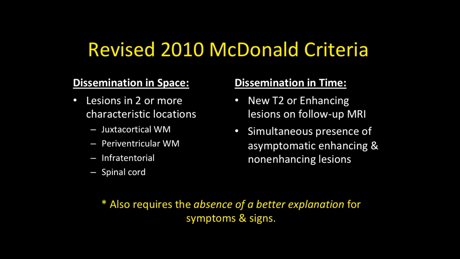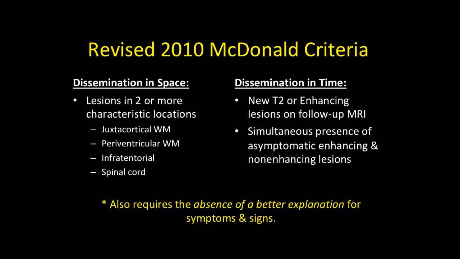So if you think hard enough, you can probably come up with some other etiologies that could fit into the dissemination in space and time criteria, such as vasculitis or embolic infarctions, hemorrhages, or metastases that might have new enhancing lesions or periventricular infratentorial lesions.